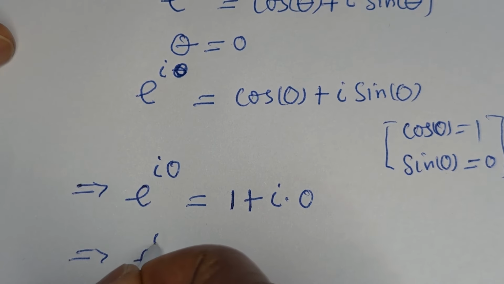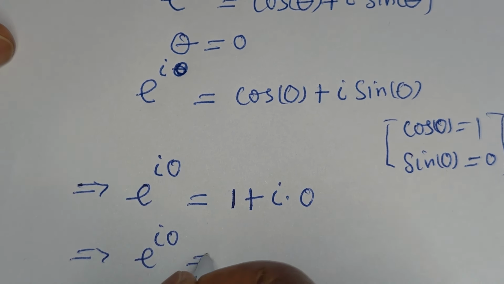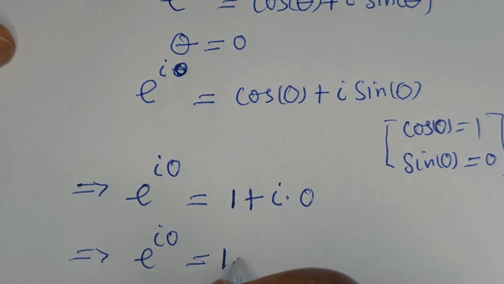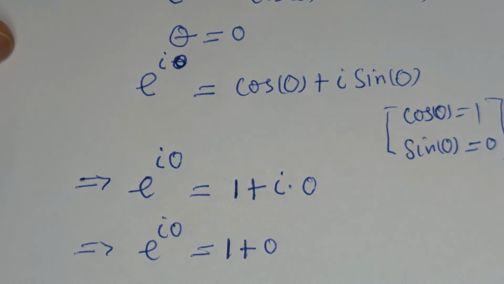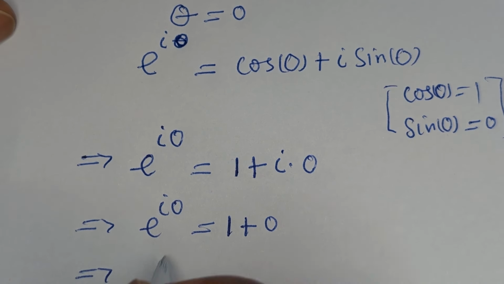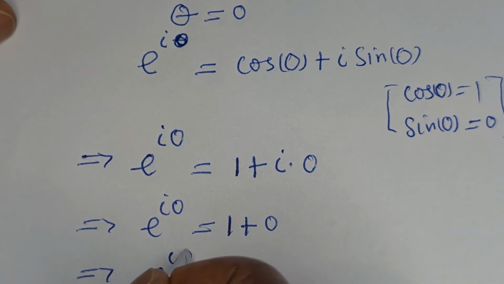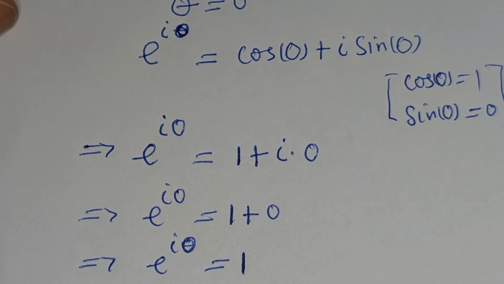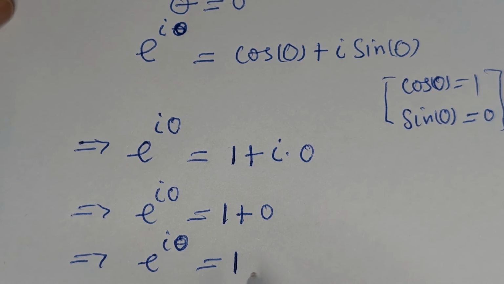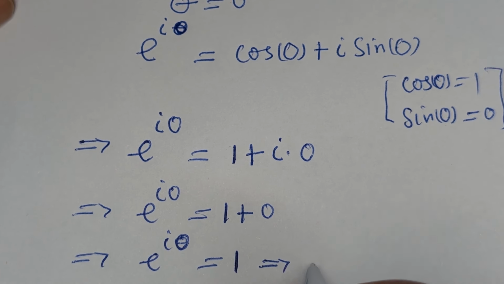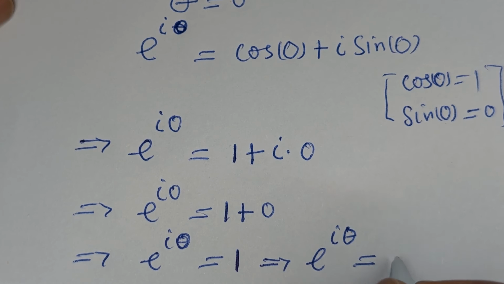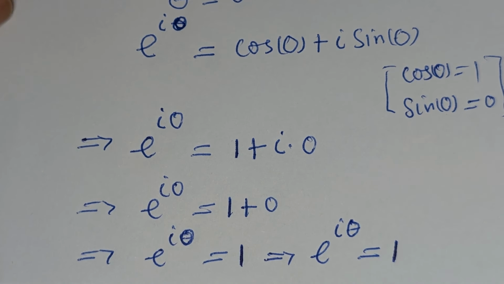If you multiply i by 0, we have 0, so we have 1 plus 0. e to the power i0 is equal to 1. And since e to the power i0 is equal to 1, then e to the power i theta is also equal to 1.